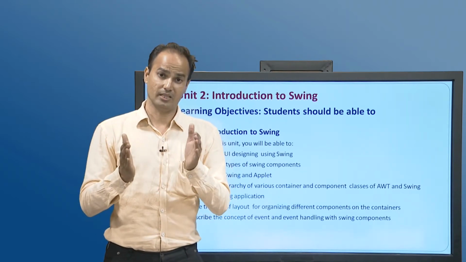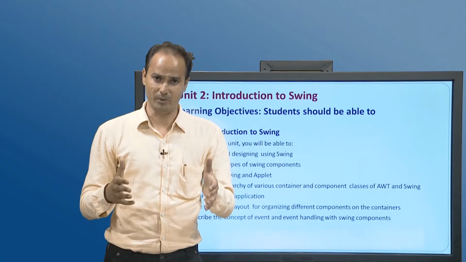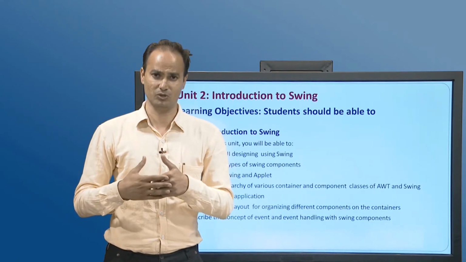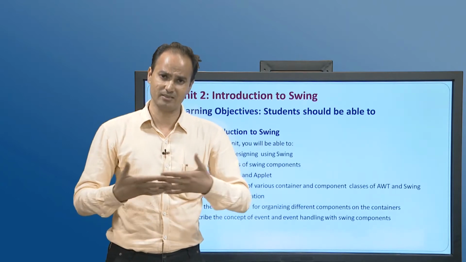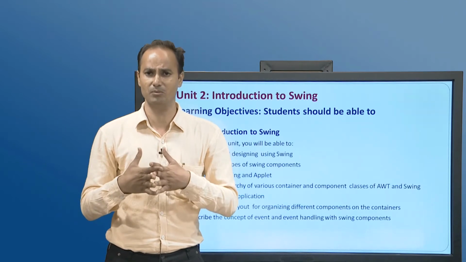The AWT components were developed using the native environment, while Swing components are developed purely in Java. So they are independent from the underlying environment and consume fewer resources compared to AWT components.